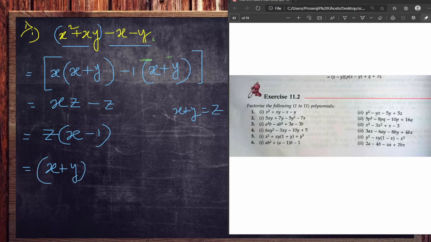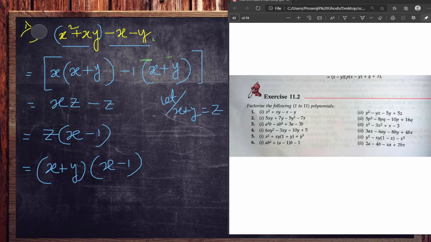Very easy one. And those who want to do it directly without taking z, you can do that, no issue. But those who are not understanding this part, I am doing it for them by taking x plus y as z. Very easy one. No need to rush over here. Okay, moving to 3 part 1.